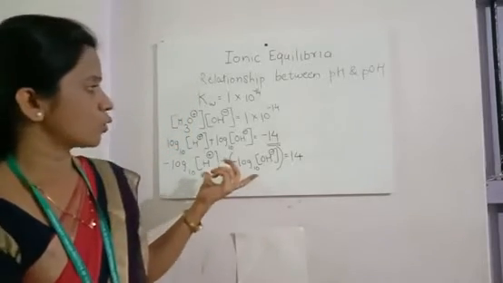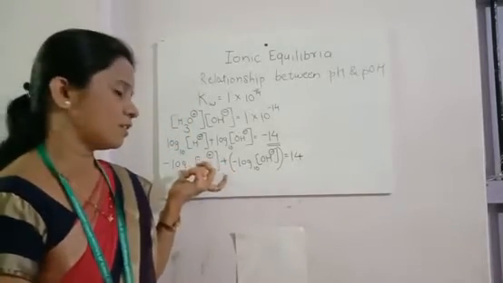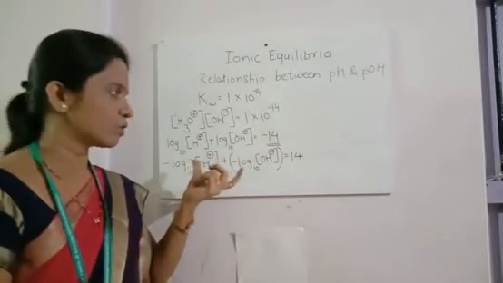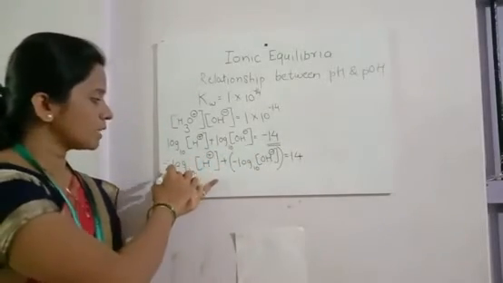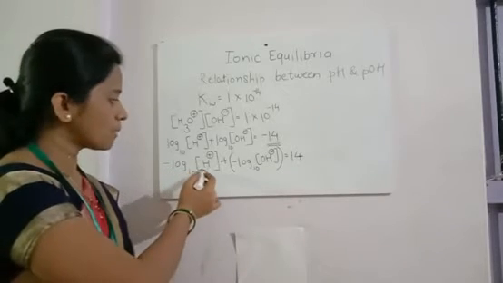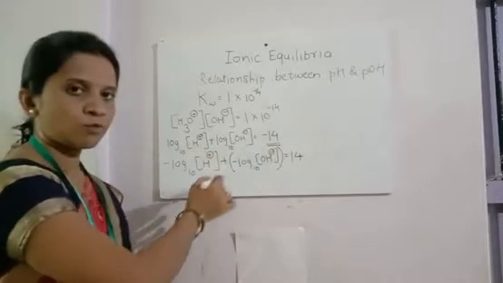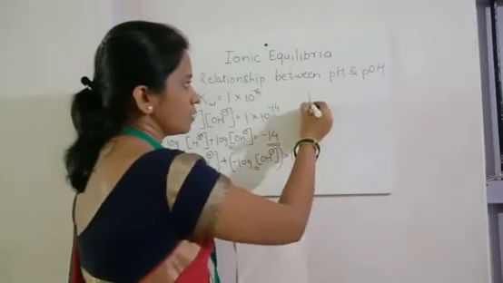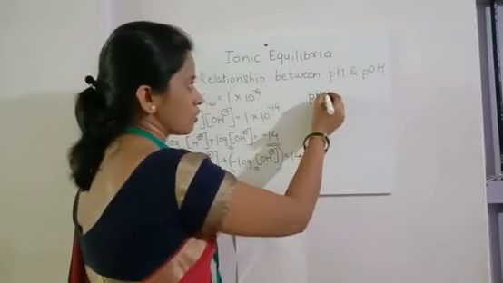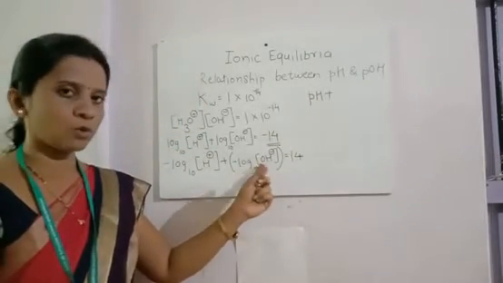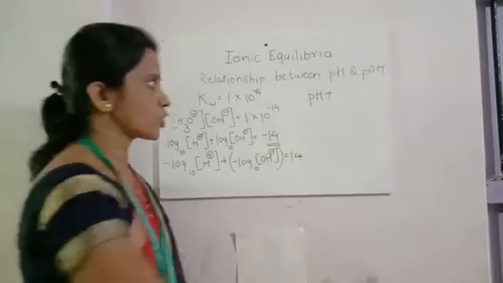Now you can see we have studied the definition of pH: pH is equal to negative log to the base 10 of the H plus ion concentration. So instead of this term we can write pH, plus negative log to the base 10 of the OH minus ion concentration.